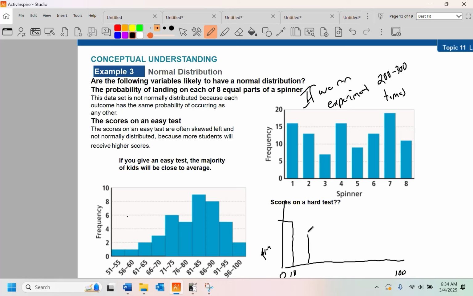And it would really peak somewhere probably around the 30 or 40 range. And then it would start falling off dramatically. That's what a hard test would look like. We try to do it, believe it or not, an easy test or hard test, something in the middle.